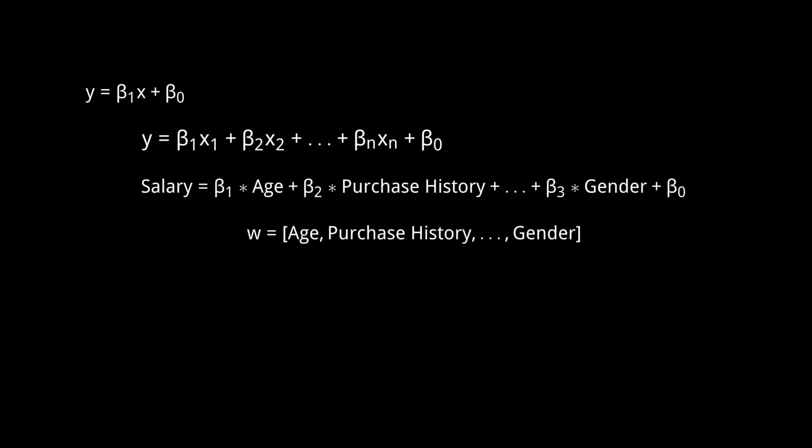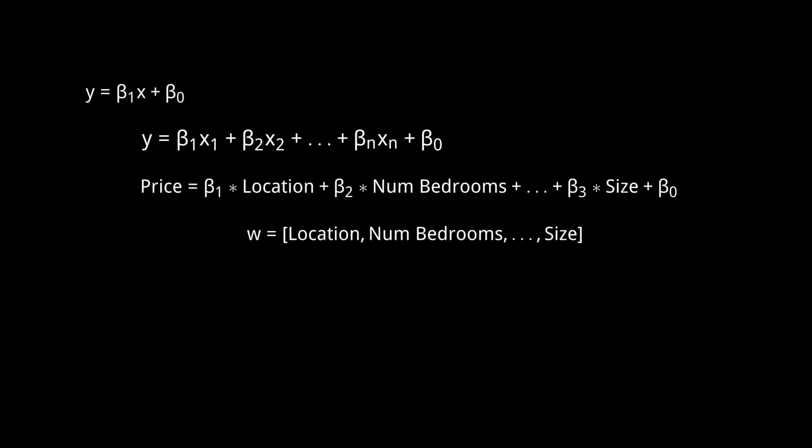Another example could be, suppose you want to estimate the price of a house. You will collect details such as the location of the house, number of bedrooms, size in square feet, and amenities available or not. Based on these details, the price of the house can be predicted and how each variable is interrelated.